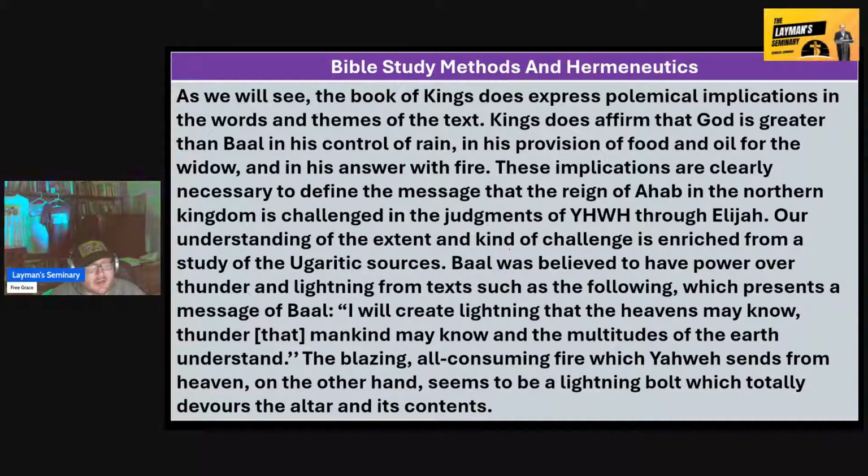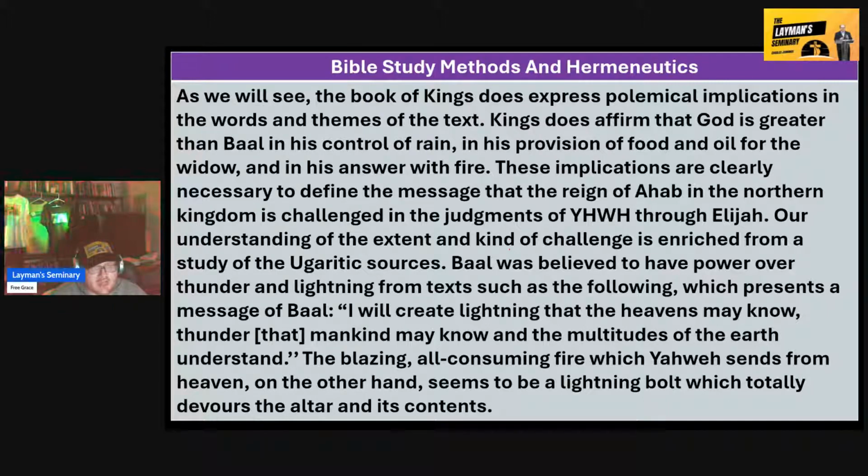Kings does affirm that God is greater than Baal in his control of the reign, in his provision of food and oil for the widow, and in the answer with fire. These implications are clearly necessary to define the message that the reign of Ahab in the northern kingdom is challenged in the judgments of Yahweh through Elijah. Our understanding of the extent and kind of challenge is enriched from a study of the Ugaritic sources.